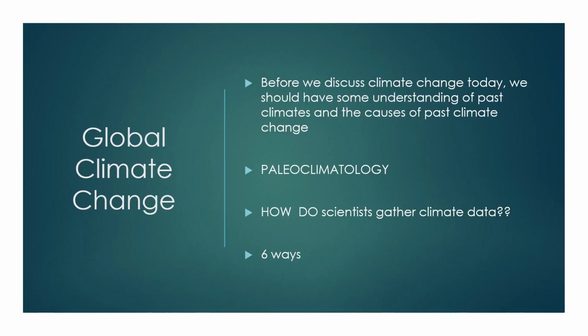Before we look at specific examples of effects of climate change and what that looks like, whether it's man-made, anthropogenic, or natural causes, it's important for us to really understand fundamentals of weather and climate. So we should have some understanding of past climates and the causes of past climate change in order for us to say and prove, hey, there is a specific change in climate data.